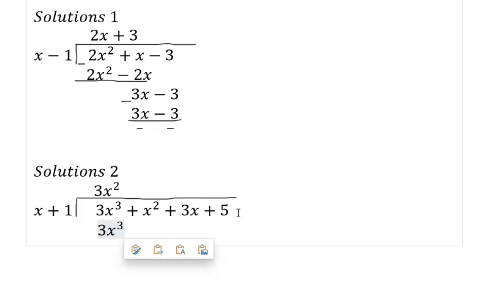Awesome. So you still multiply what you have here with this number that you have here. So 3x squared times 1. Always put this sign into consideration. 3x squared times 1 to give you what? Plus 3x squared.